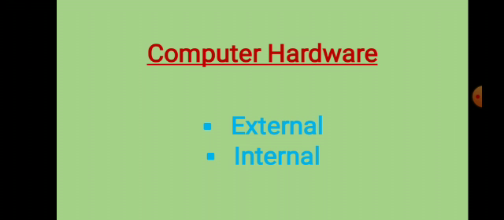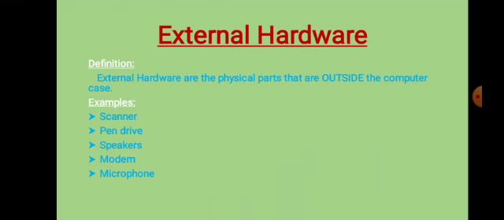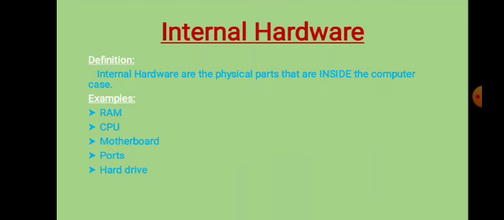Yes, students, what is external hardware? External hardware are the physical parts that are outside the computer case. Scanner, pen drive, speakers, modem and microphone are some of the examples for external hardware.